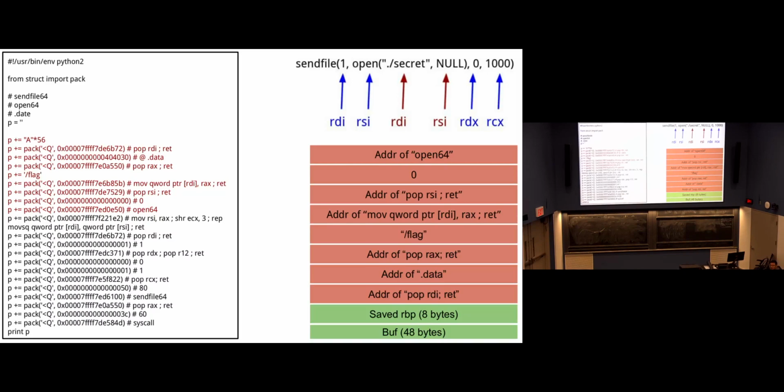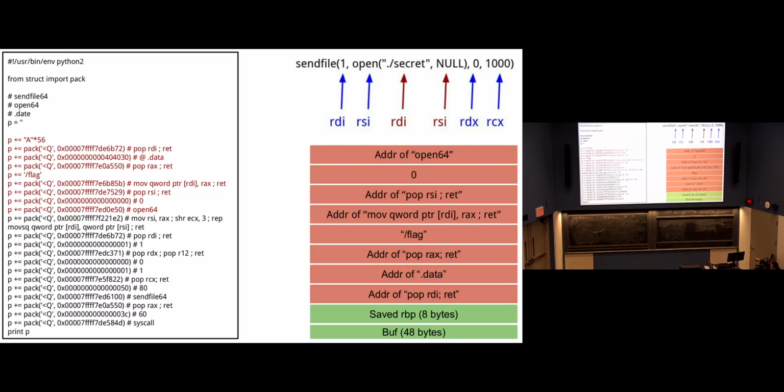More importantly, it's writable. We are going to write the flag there. We can put it in an environment variable, but this one I put on the data section. So I find out where the data section is, put that address here, and then that address will be popped into RDI.